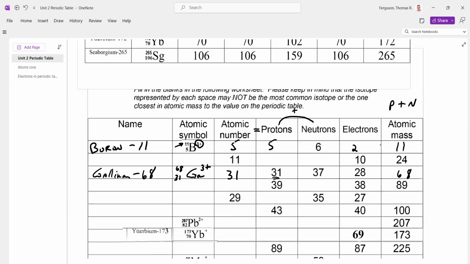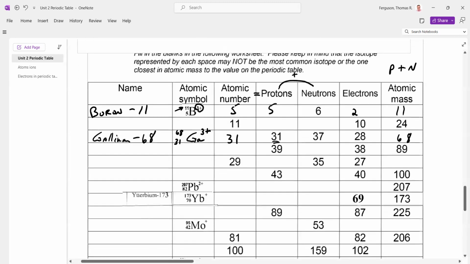Let's do lead down here. Okay, so we have lead 207.